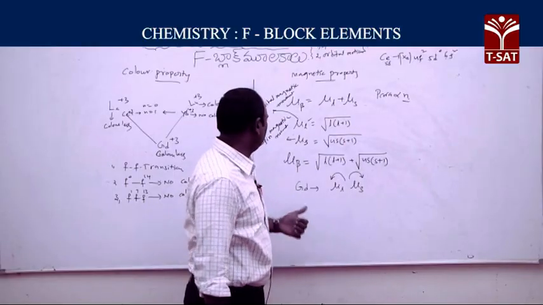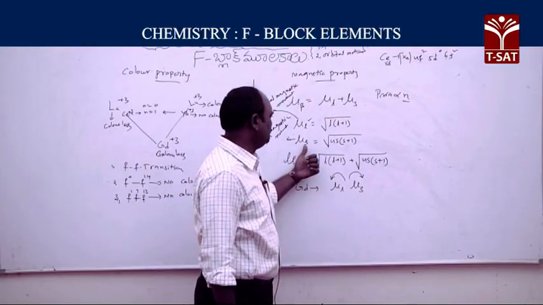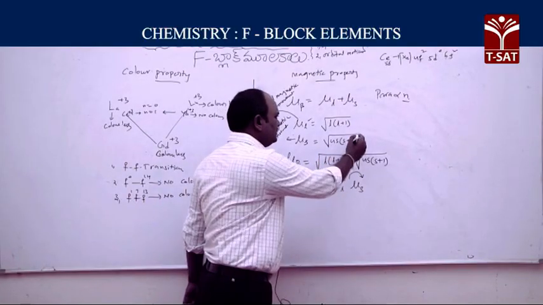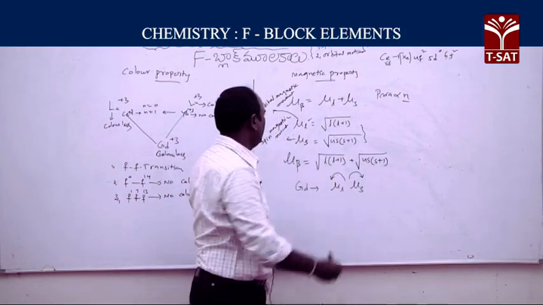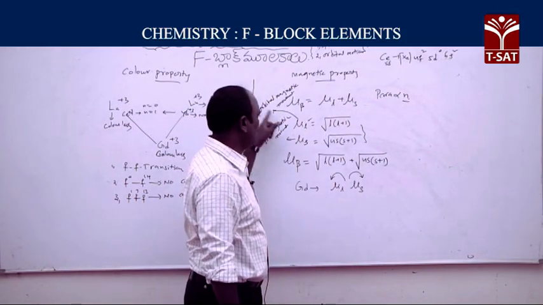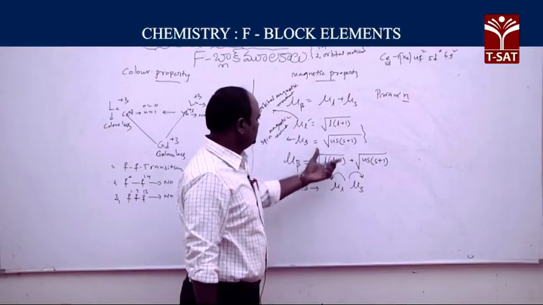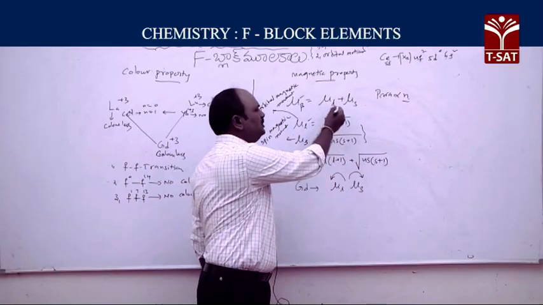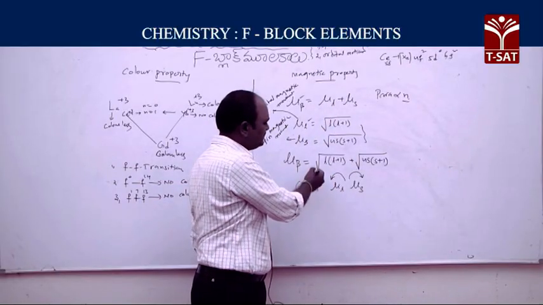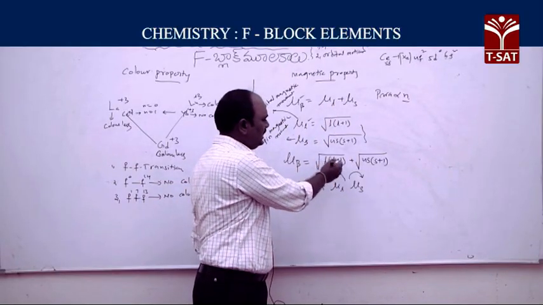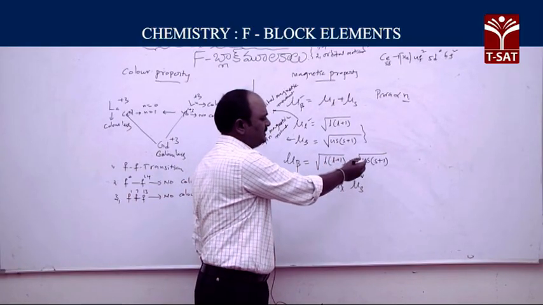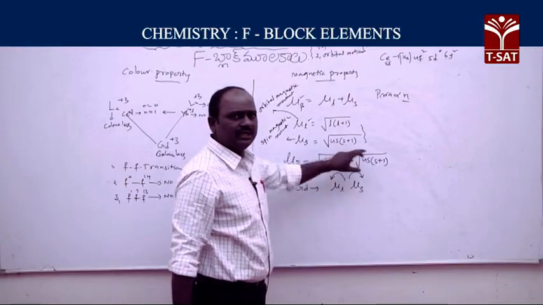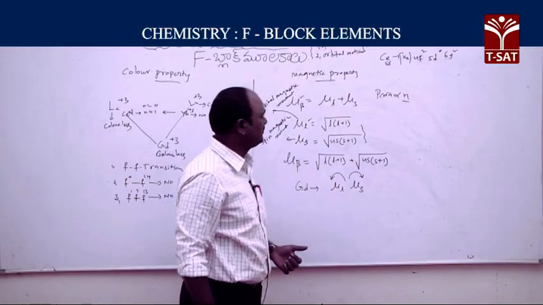To calculate the spin magnetic moment, μS is equal to under root of 4S into S plus 1. These two are useful to calculate the magnetic moment of spin and orbital. When you add these two values, the total magnetic moment will come. Therefore, μB is equal to under root of L into L plus 1 plus under root of 4S into S plus 1. This is the equation to calculate the magnetic moment.